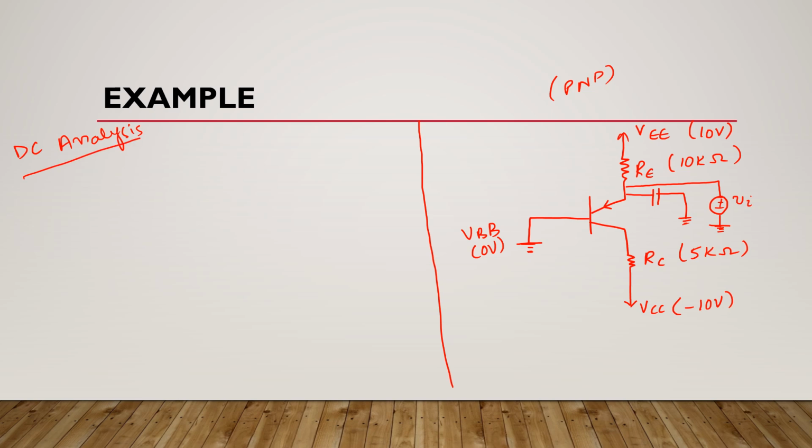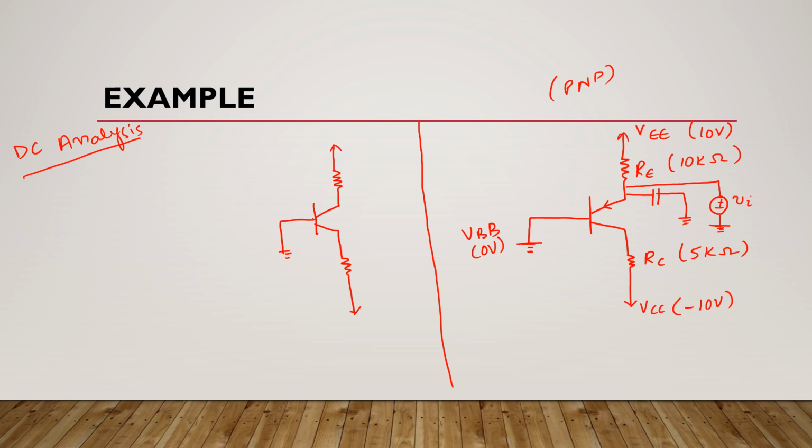Now we know that for DC analysis all AC sources are short circuited and capacitor is open circuited. So for DC analysis this configuration will look like this.